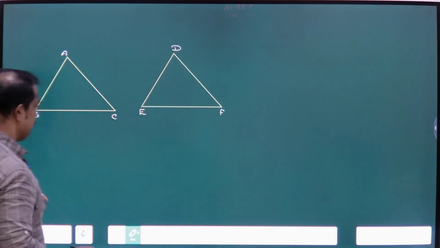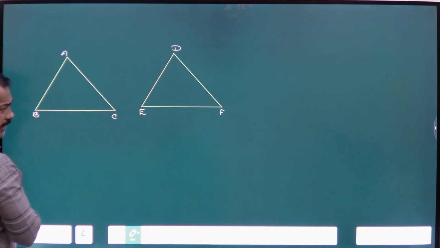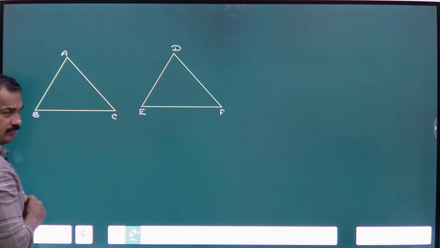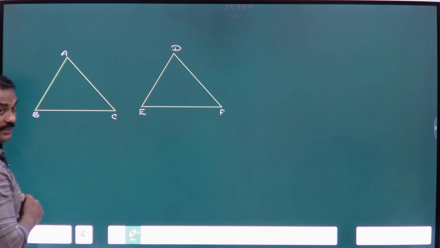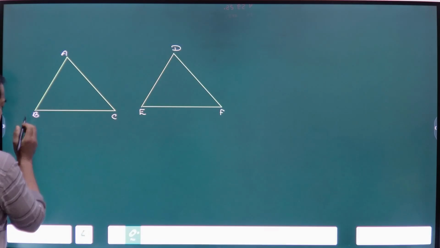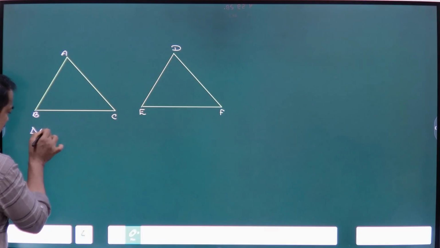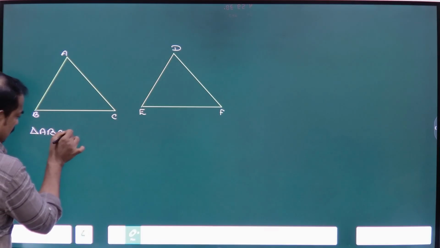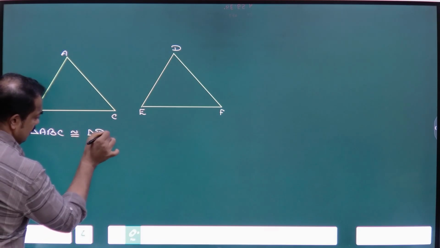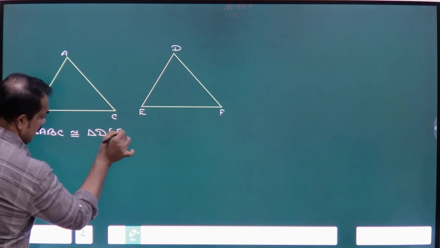The first one: in these two triangles, three sides are equal. So we can say triangle ABC is congruent to triangle DEF.